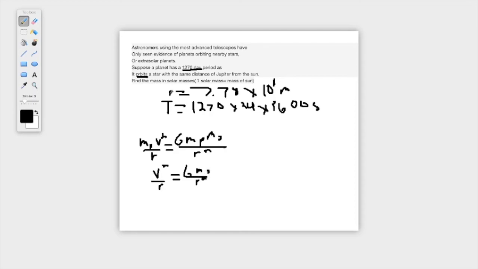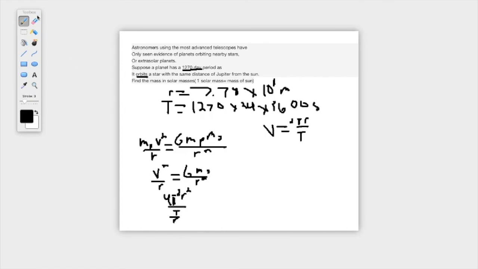The thing is, we do not know speed, but we do know the period. And we know that velocity is related to period by the circumference of a circle over time. And 2 pi is a constant, and we know the radius, and we know the period because we just calculated that. So basically we can sub in this for v, and then solve for the unknown mass of the sun. So when we plug that in, we get 4 pi squared r squared over t squared over r.